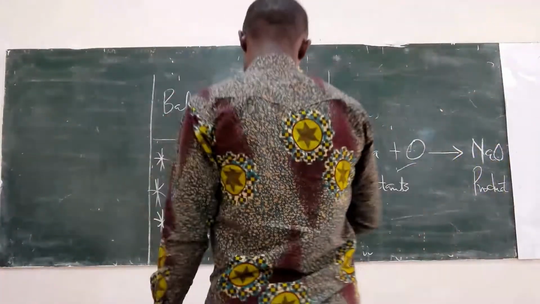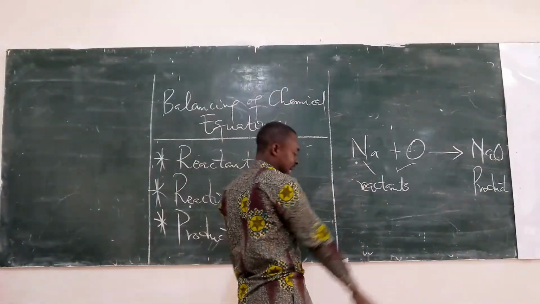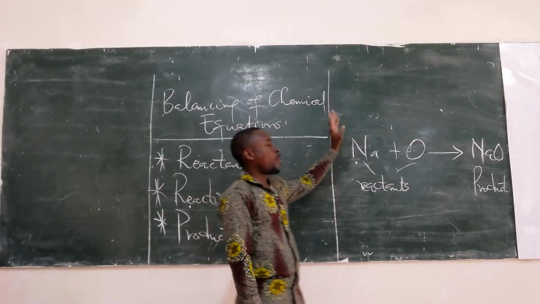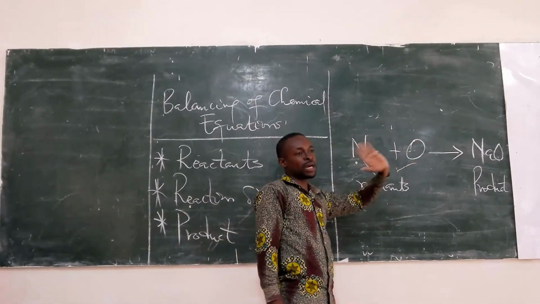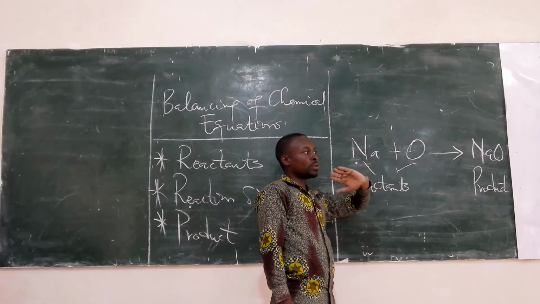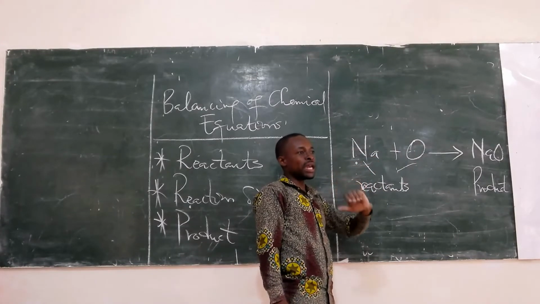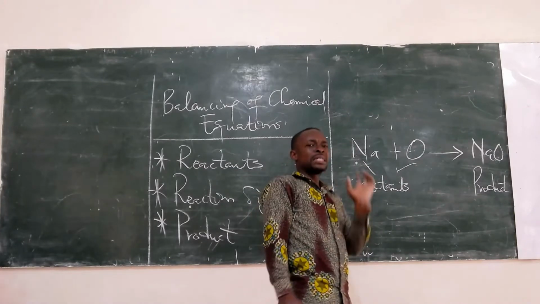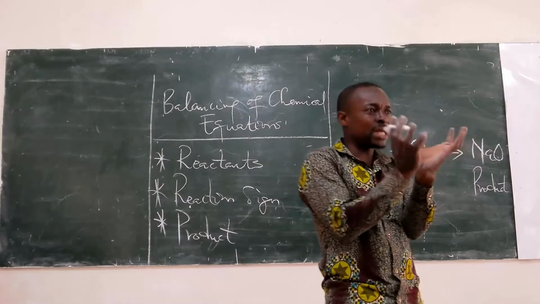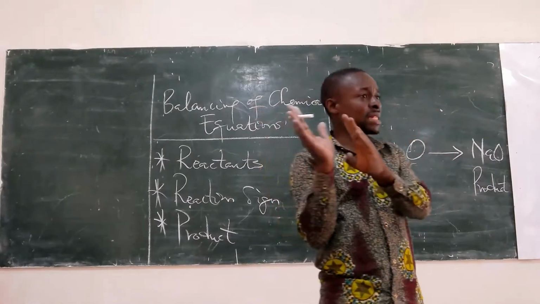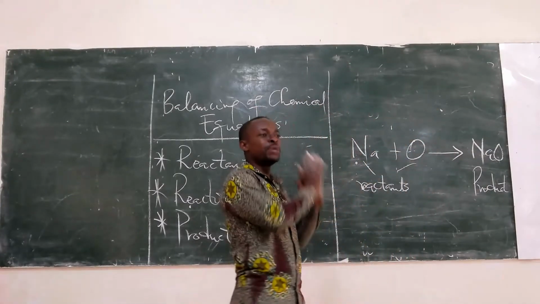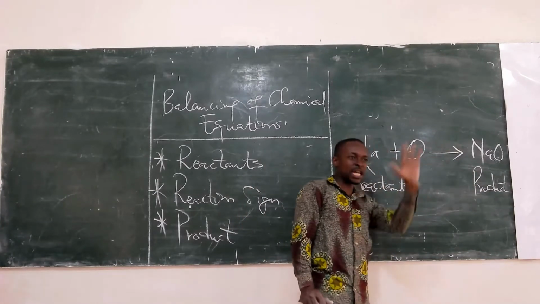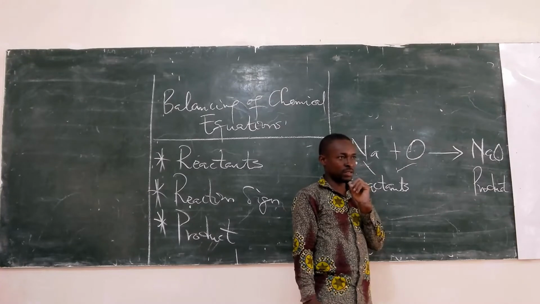And take note, before I give you the exercise, take note of this. In balancing of chemical equations, we say what is at the reactant side, or the number of elements forming the product, must be equal to the product that will be formed after the equation.